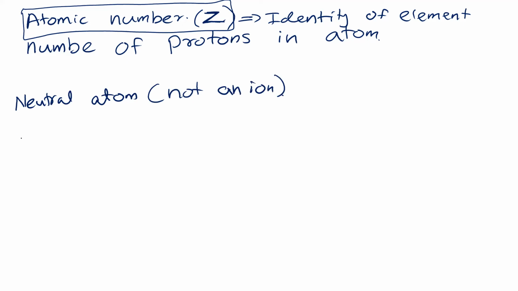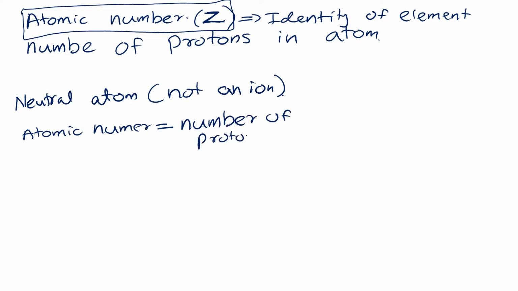In a neutral atom, the atomic number is the same as the number of protons, and because it is charge neutral, it is equal to the number of electrons.